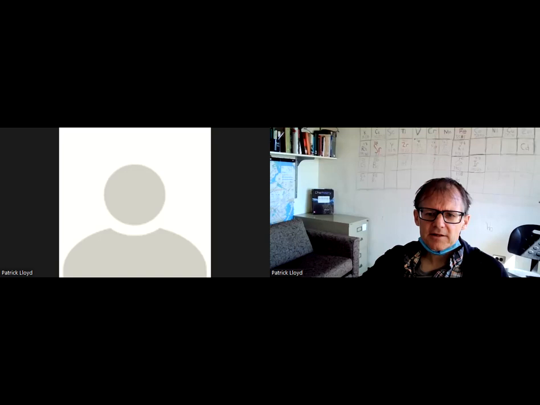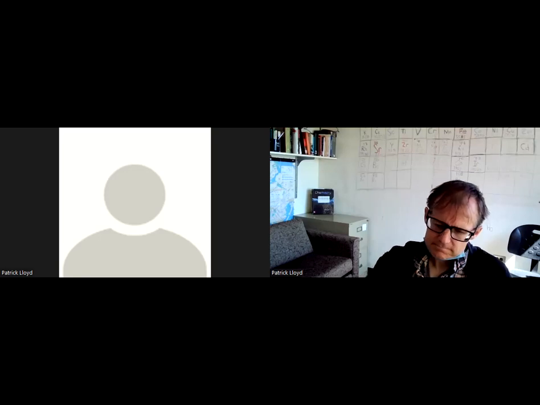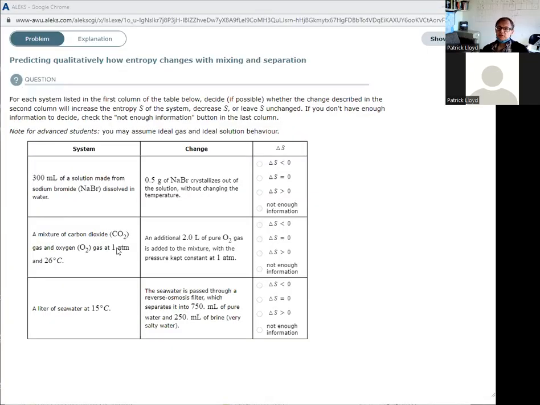Let's take a look at a second one. The second one is predicting qualitatively how entropy changes with increasing mixing and separation. Okay, so mixing, think about it. If you're making a drink, you have some vodka and you have some lemon juice or lemonade or orange juice, I guess, right?